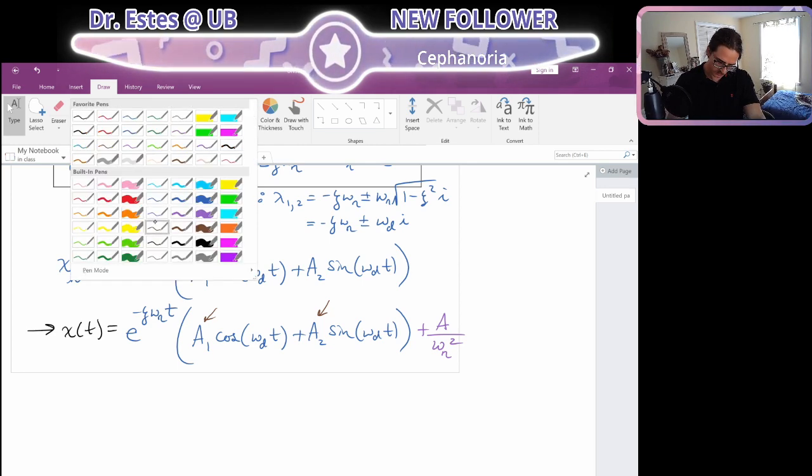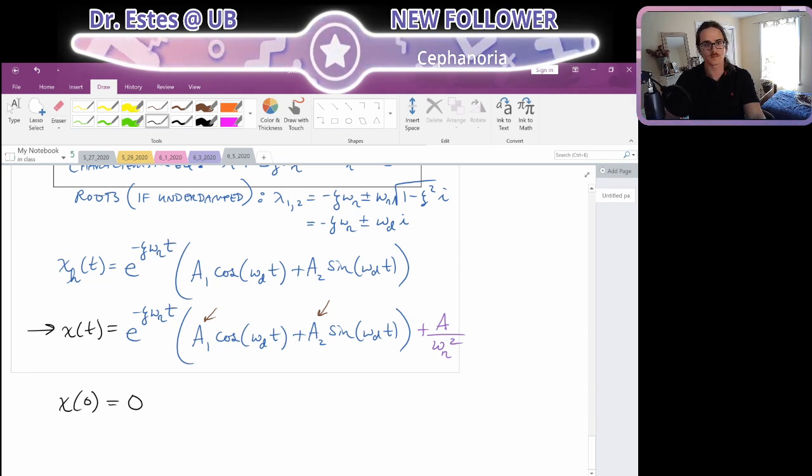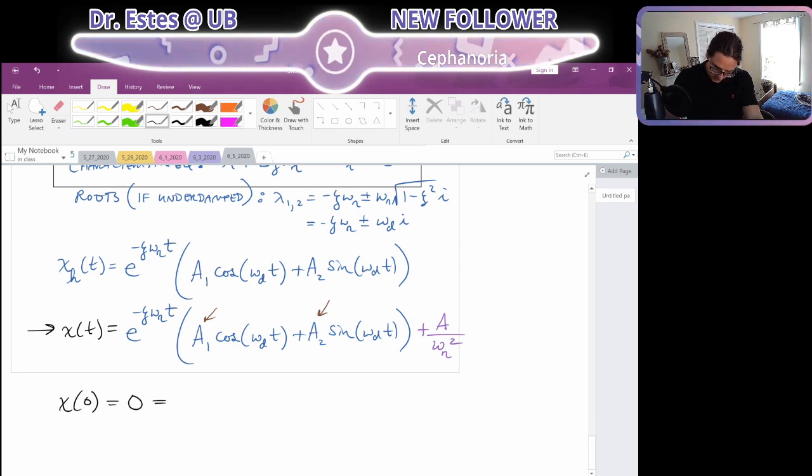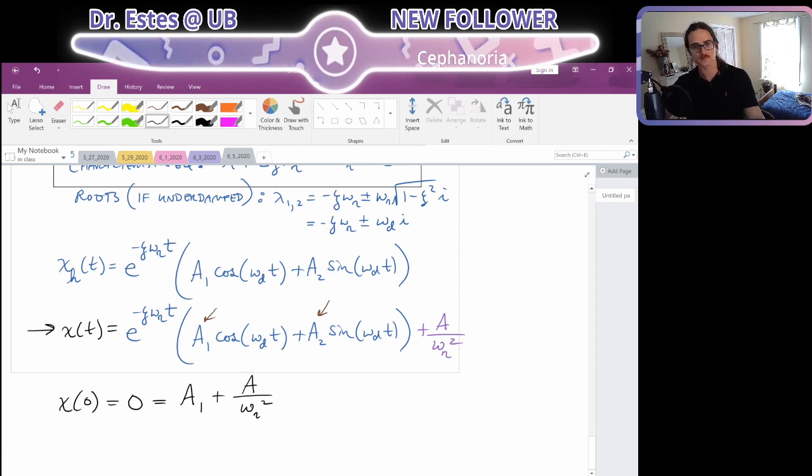Okay. So, x of 0 equals 0. So if I plug in time equals 0 everywhere, I'm going to get a1 plus a over omega n squared.